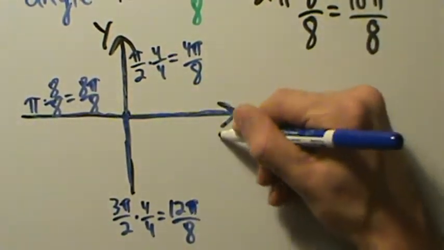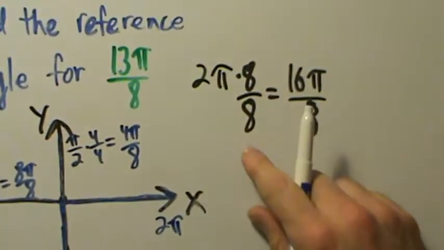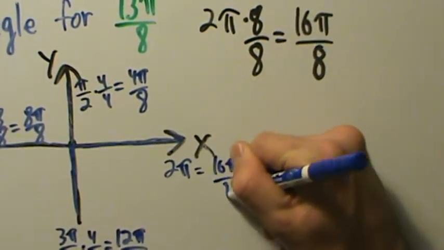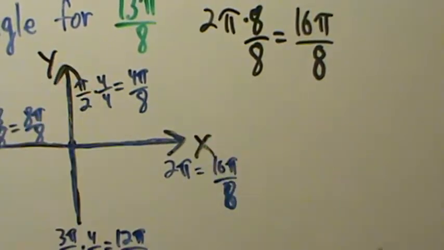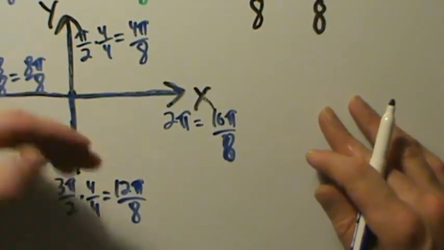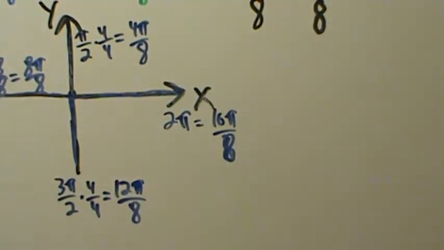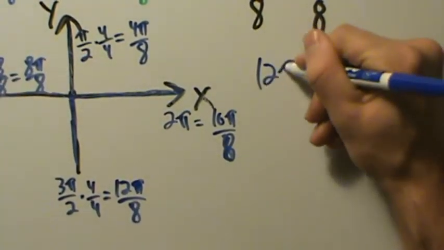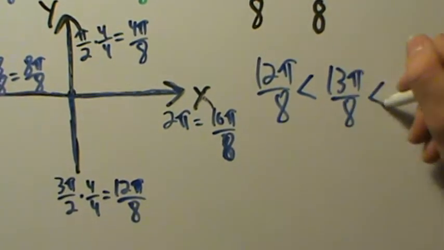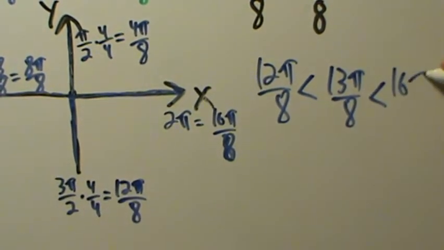Well, what's the next one? It's 2 pi, which we already talked about. 2 pi is 16 pi over 8. And we already know, we just talked about that before we started drawing this, that 13 pi over 8 is less than that. So actually what we just found out was that 13 pi over 8 is somewhere in the fourth quadrant, because 12 pi over 8 is less than 13 pi over 8, which is less than 16 pi over 8.